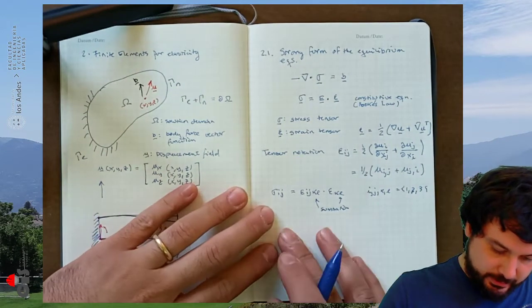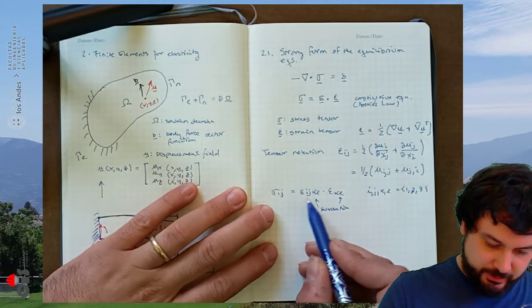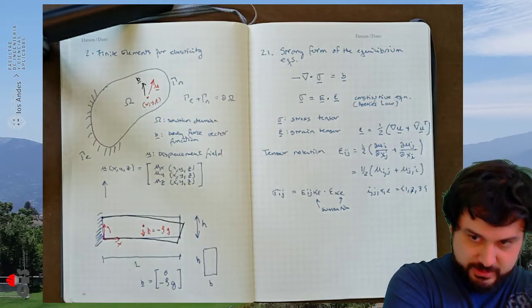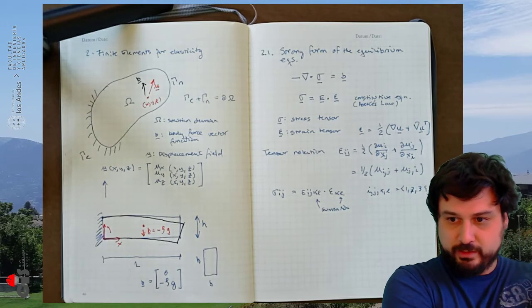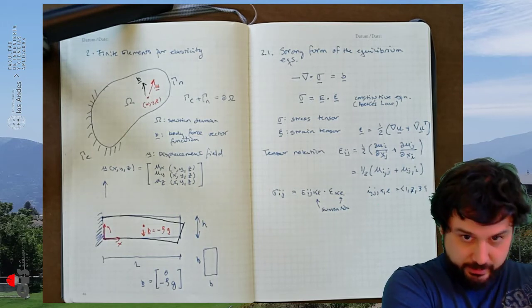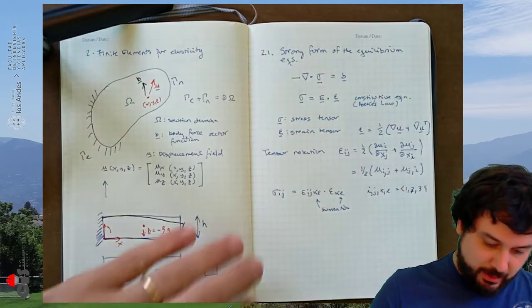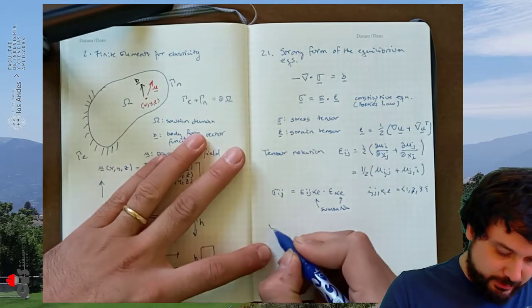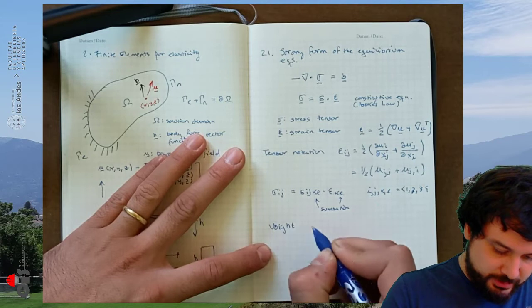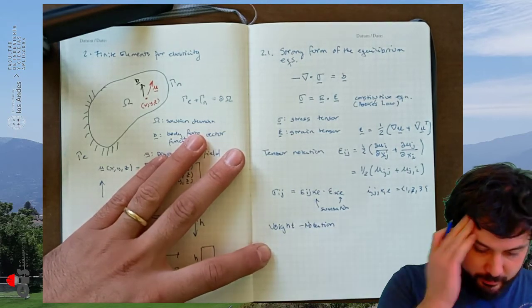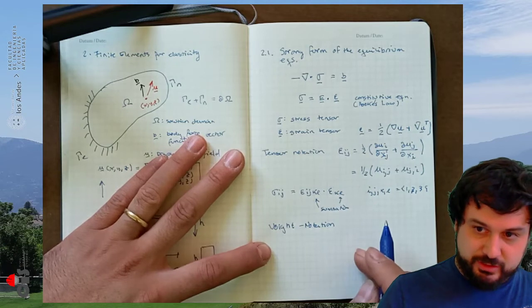And so this particular form is the general stress-strain elasticity, stated in terms of tensors. Okay, from now on we're going to adopt the so-called Voigt notation, where we basically express all tensors as vectors.